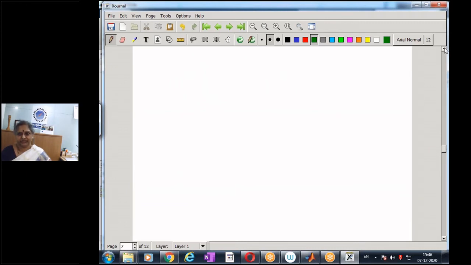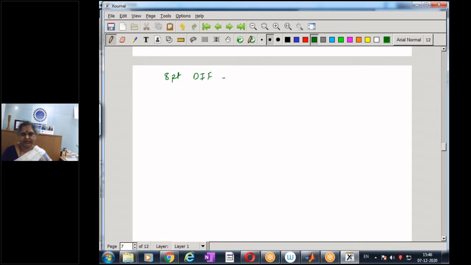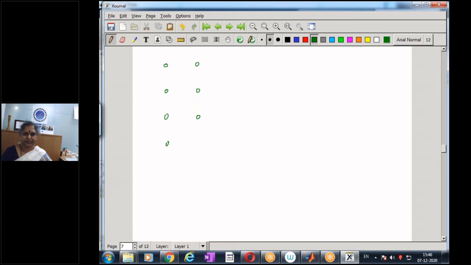So let's try to see an 8-point DIF FFT algorithm. So I need to first draw the points 1, 2, 3, 4, 5, 6, 7 and 8.